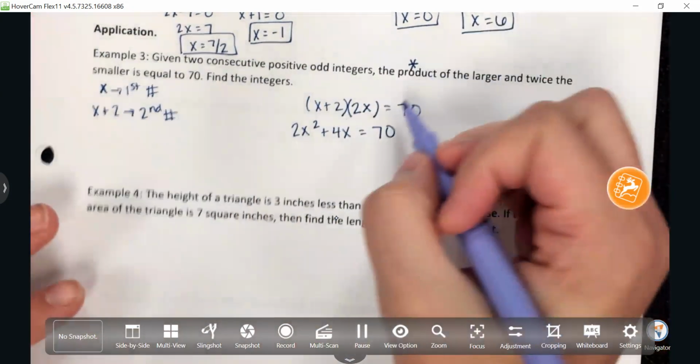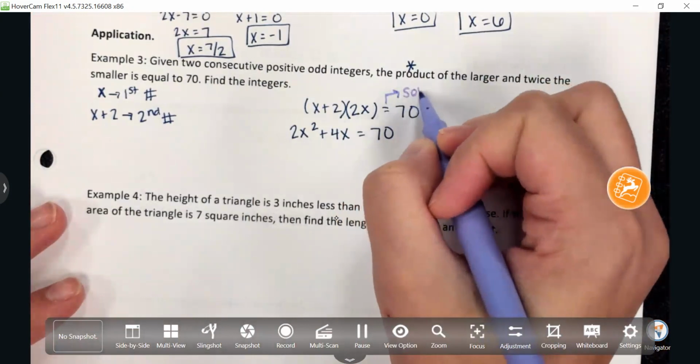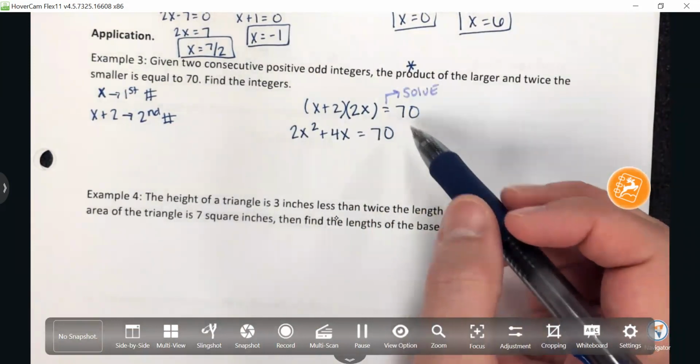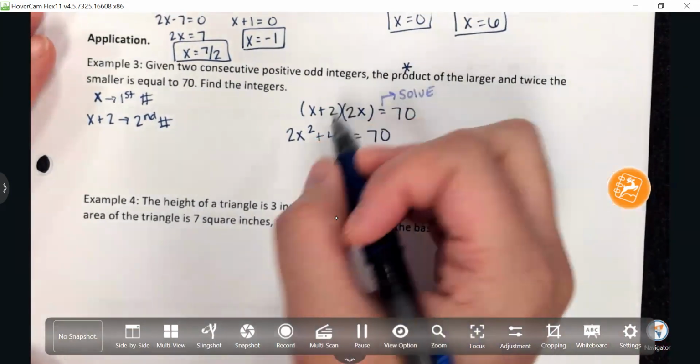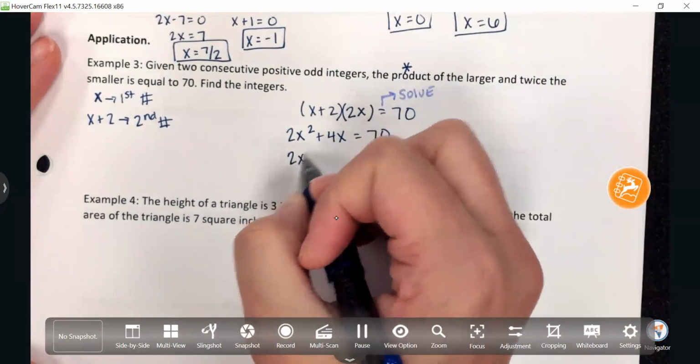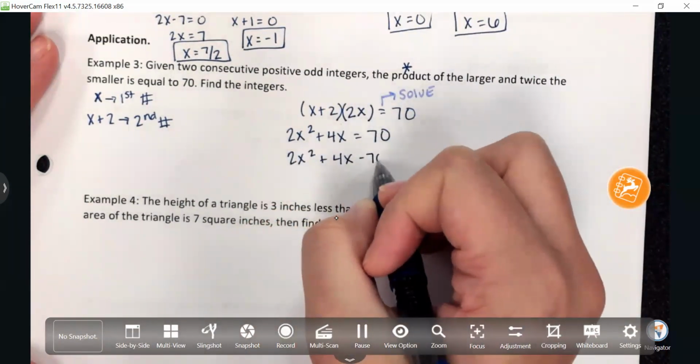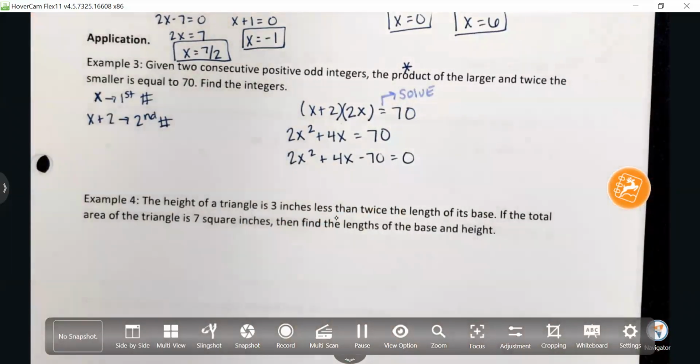This is an equal sign, which means I am solving. And when I solve, what does it have to equal? 0. So I have to move my 70 to the other side. So 2x squared plus 4x minus 70 equals 0.